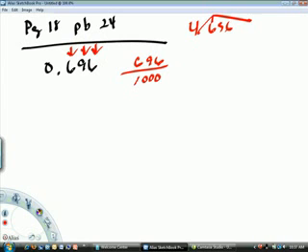It does work: 174. 4 divides into 696 174 times. So to reduce this, divide top and bottom by 4, and I'll get 174 on top.